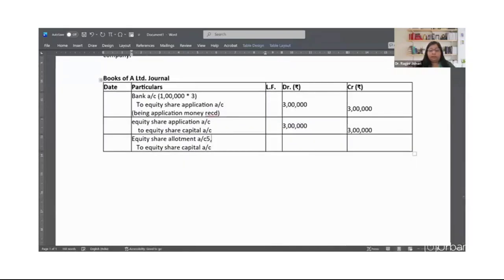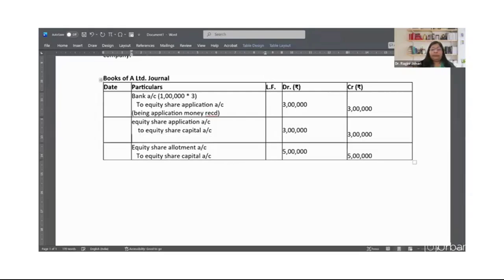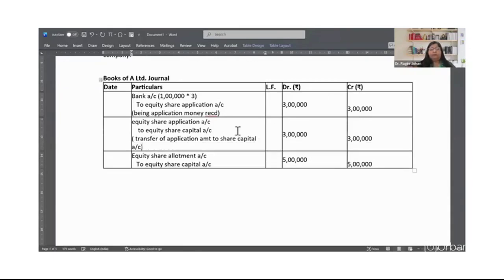The narration here would be transfer of share allotment account to share capital account.